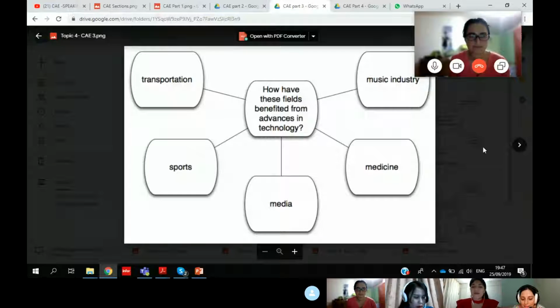The next one, the advantage of technology. Media. The media benefits the people because they search for studying and doing different activities.